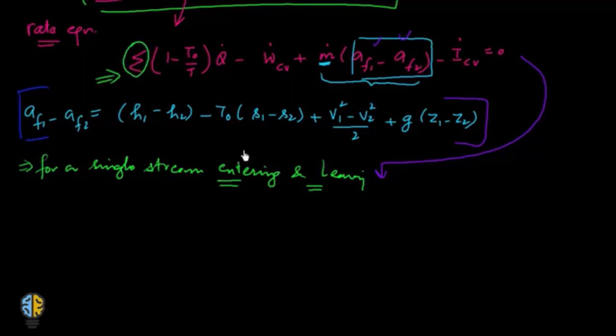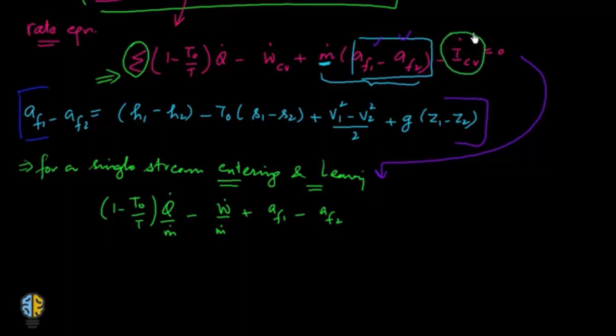So you will get (1 minus T naught upon T) into Q dot by m dot, minus W dot by m dot, plus (AF1 minus AF2), and let's take this towards the right hand side, and you will get I dot upon m dot. This is what you get.